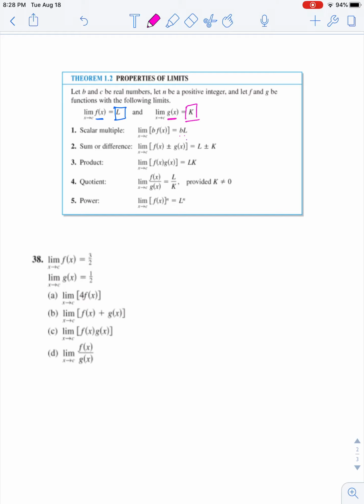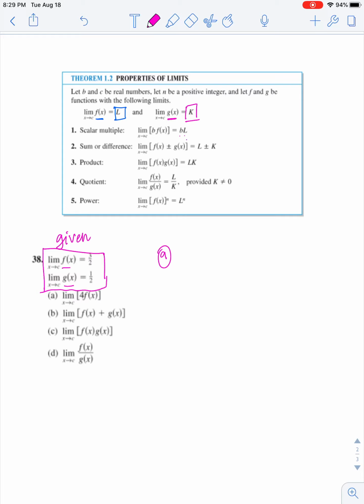Okay, so if we look down here at this one last example, hang on, we're almost there. This is the given information for this problem. The limit for function f is 3/2, and for g, it's 1/2. So if we're going to do part A here, we have 4 times the function, and that's just the scalar multiple rule.